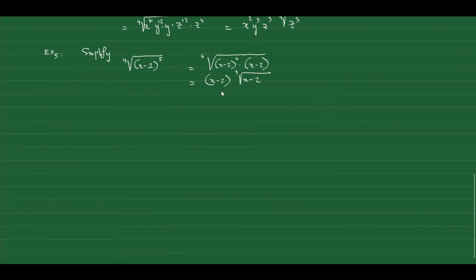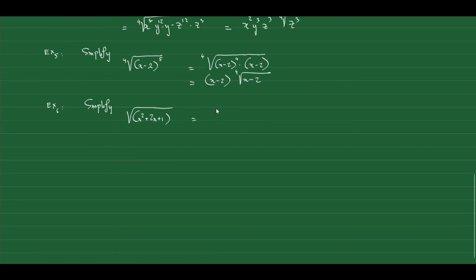Sometimes the inside is an algebraic expression that you cannot simplify right away. For example, you have x squared plus 2x plus 1 inside a square root, and you see that this is a trinomial.